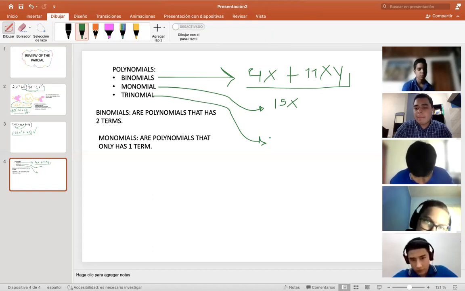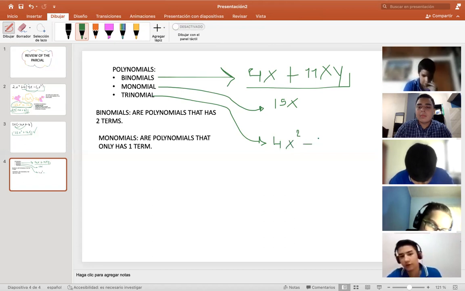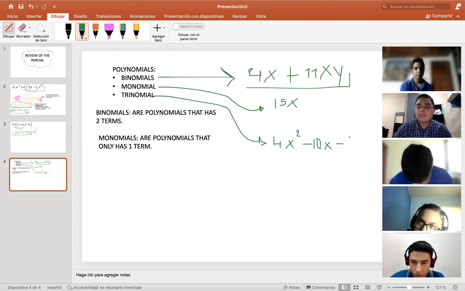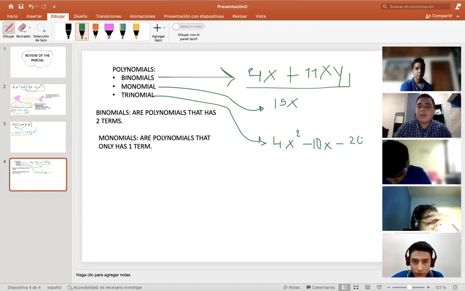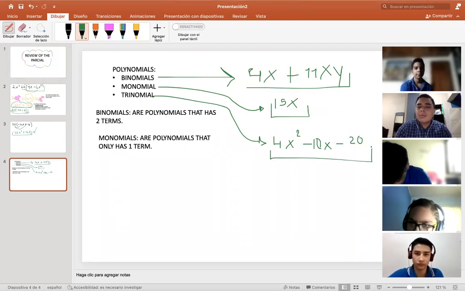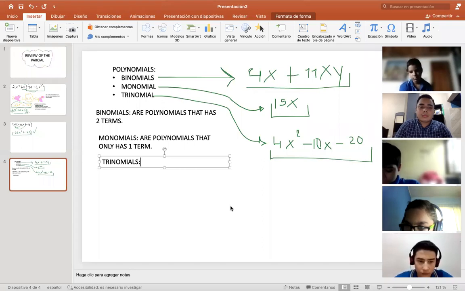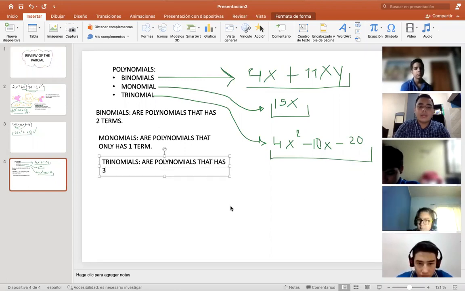David? 4x squared minus 10x minus 20. Yes, that is a perfect example of a trinomial, because we can say that trinomials are polynomials that have three terms.